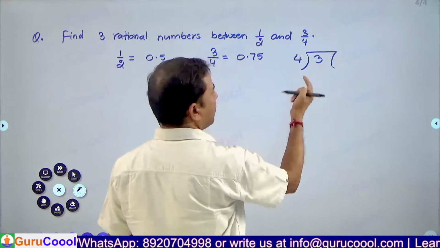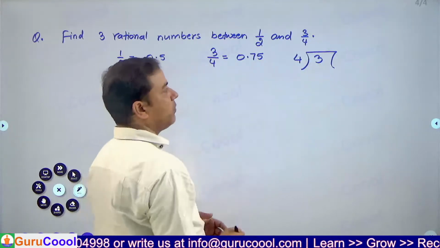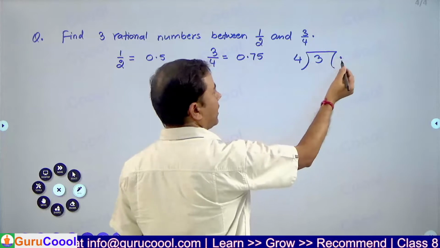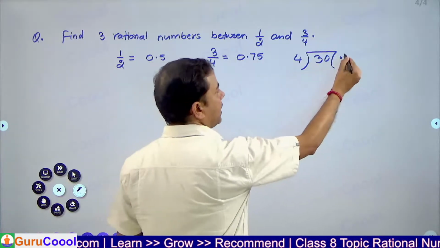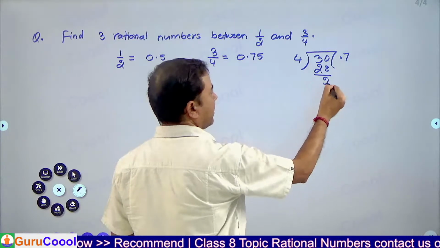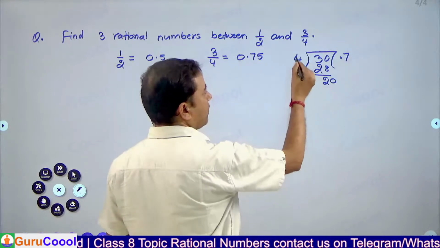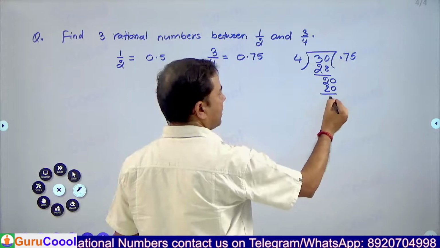3 by 4. 3 is smaller than 4, so before we move ahead, we have to take a decimal here, and in turn a 0 in this place. Now 4 times 7 is 28. 2 is the remainder. Now we take one more 0. 4 times 5 is 20, so 5 here and the 20 got cancelled, remainder 0 this time.